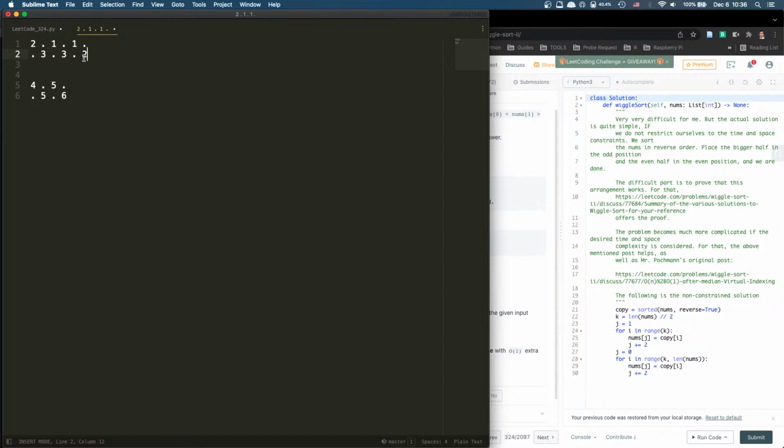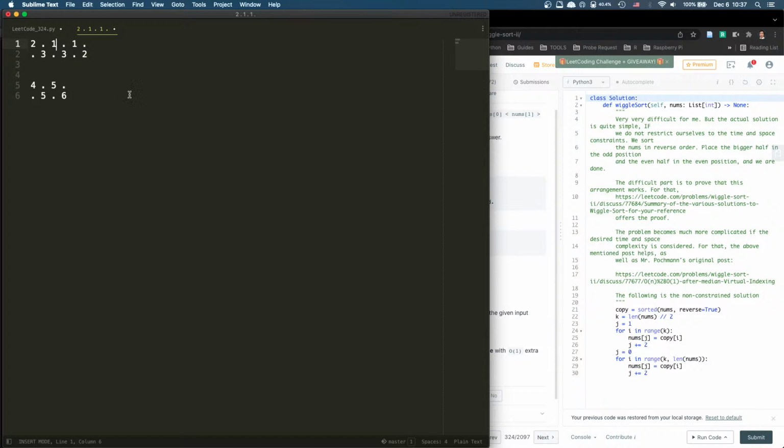Let's say we don't have this. Let's say we have a list that's wiggly sorted, but the value on the even position is larger than the value on the odd position. So can we make an example out of this?